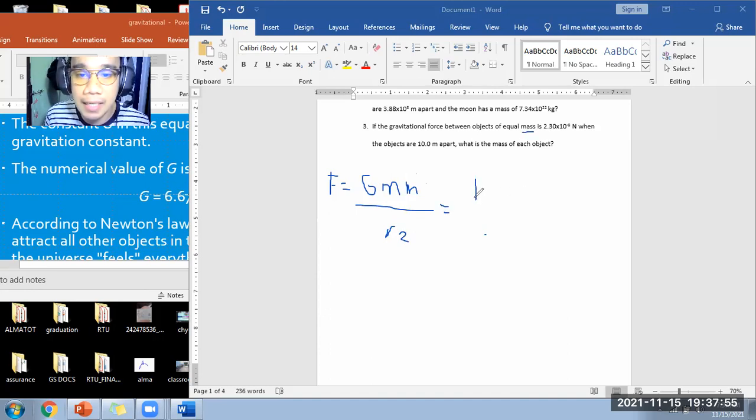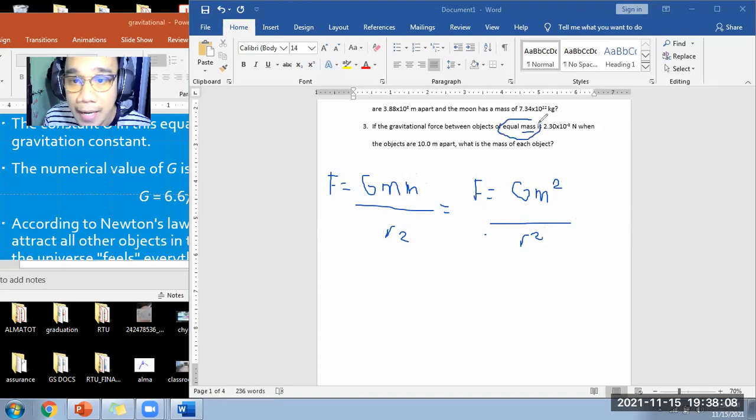So magiging F is equivalent to G M squared over R squared, kasi equal mass daw sila, di ba? So ang formula natin na F is equivalent to G times mass 1 times mass 2 over R squared. Eh sabi sa problem natin, if the gravitational force between objects of equal mass is 2.30 times 10 to the negative 8, when the objects are 10 meter apart, so what is the mass of the object?